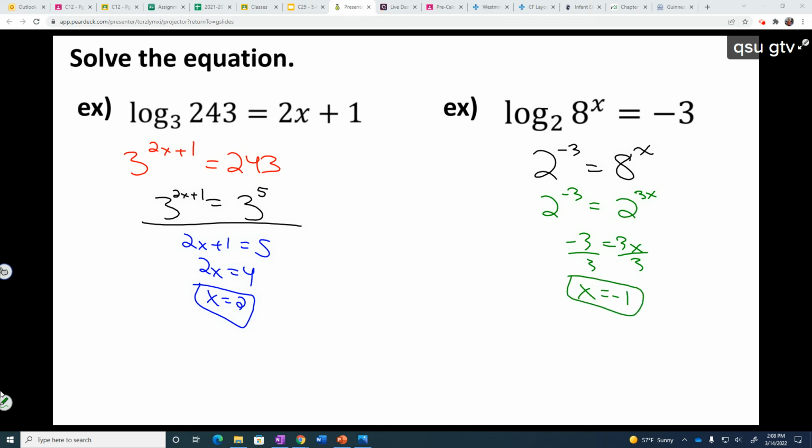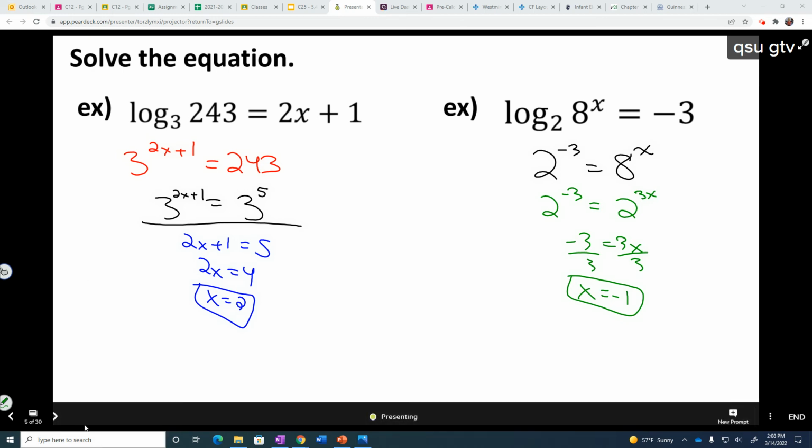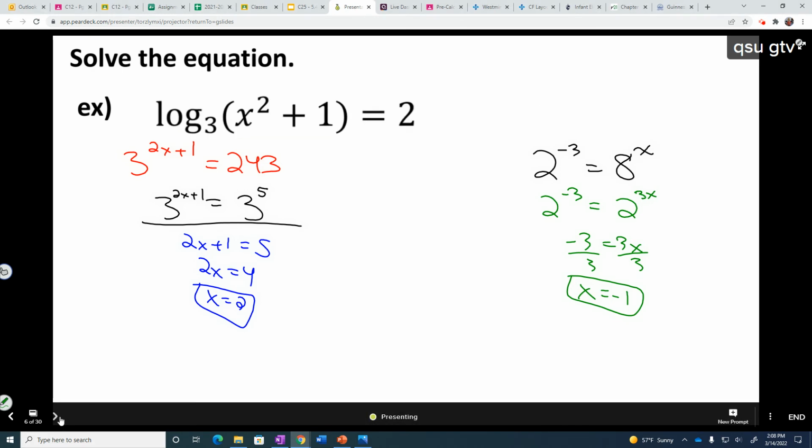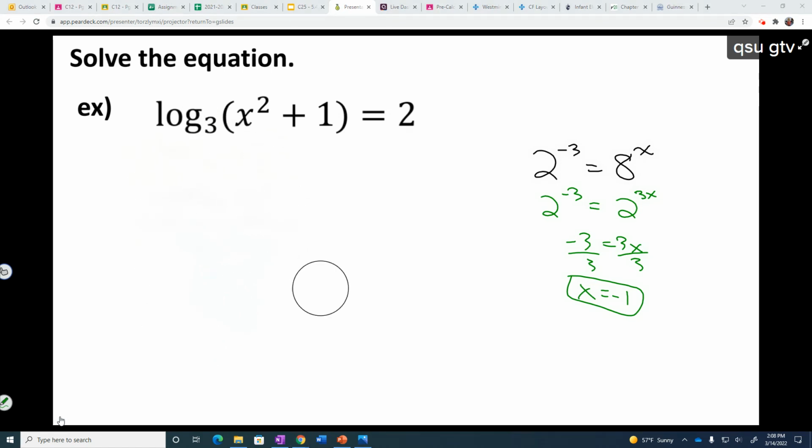So these are basic equations once you get it set up right. All right, last one here. Log base 3 of x squared plus 1 equals 2. We got 3 squared equals x squared plus 1.